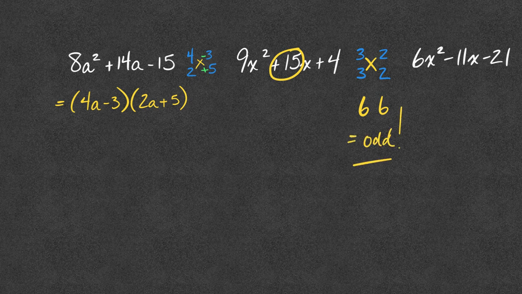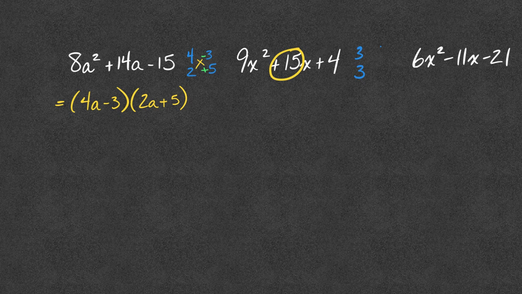It can't happen. So I know right from the get-go that if this trinomial is factorable, it cannot be 2 and 2 as my factors of 4.